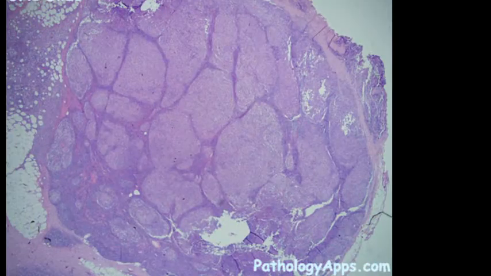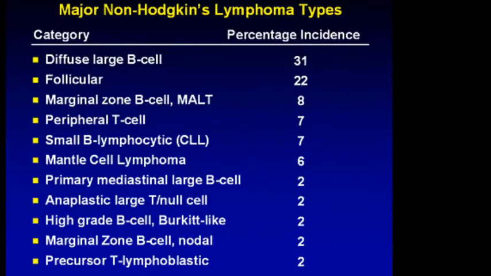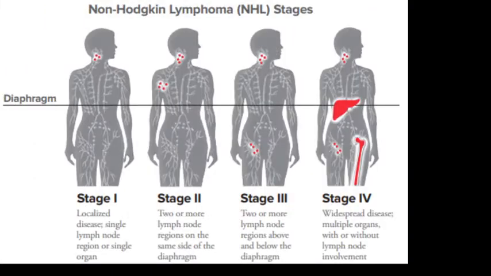the diffuse one. And this is the follicular one, which is not aggressive, but it has a little poorer prognosis. See, diffuse large B cell is 31, that is the incidence, and follicular 122, marginal zone B cell lymphoma is 8. And see, this is stage 1, which is only one side, only one node.